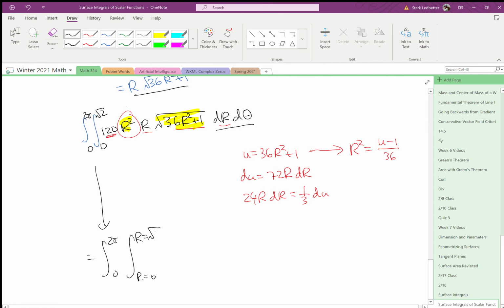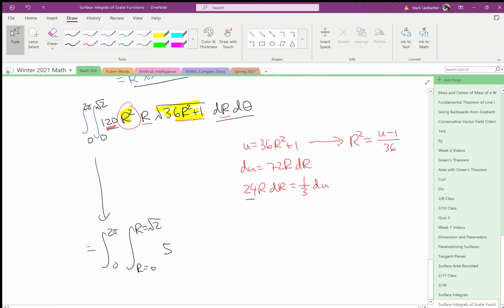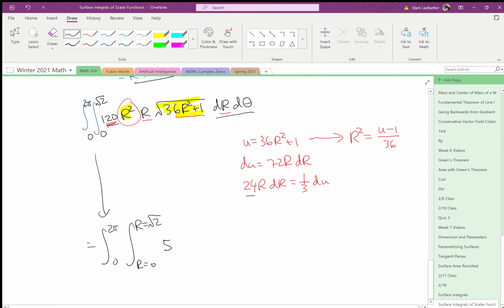I'm going to have u's in a second. Okay, so 24 goes into 120 5 times, so I leave a 5 here. I acquire a 1/3. The r squared gets subbed out with u minus 1 over 36. The 24r dr was all together, and then I have a root u here, du.